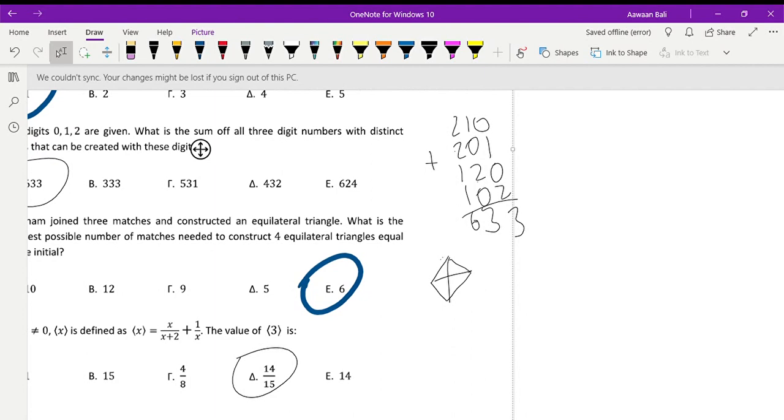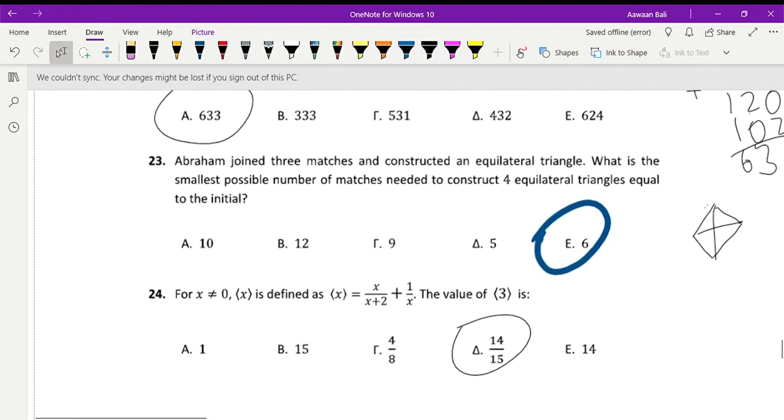It's the same for the tens digit, but for the hundreds digit, we know that it will end in 1 two times and in 2 two times, because we have two possibilities for it starting in 2, and two possibilities for it starting in 1. So you can directly get 633 like that. So the answer is alpha 633.